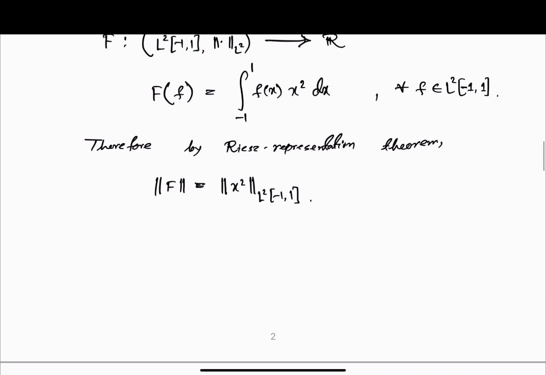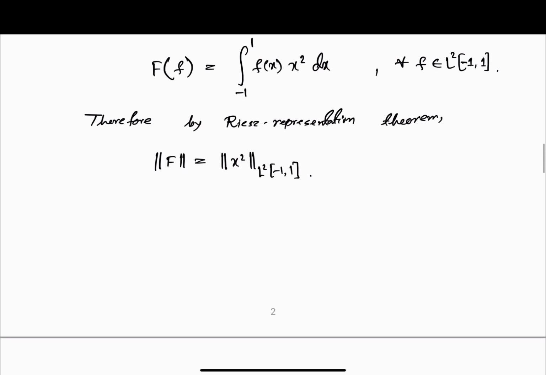So we only have to find the norm of x square in L2 of minus 1 comma 1.